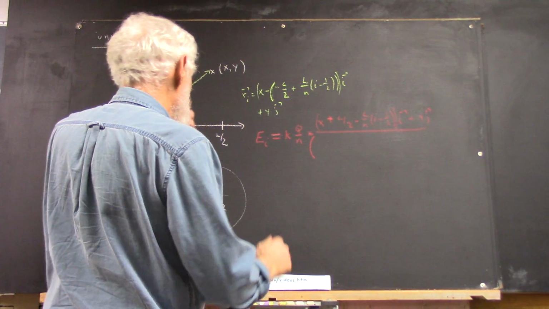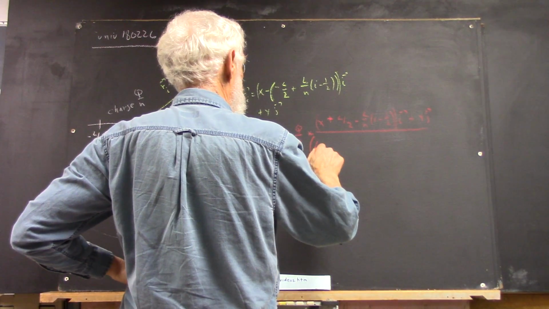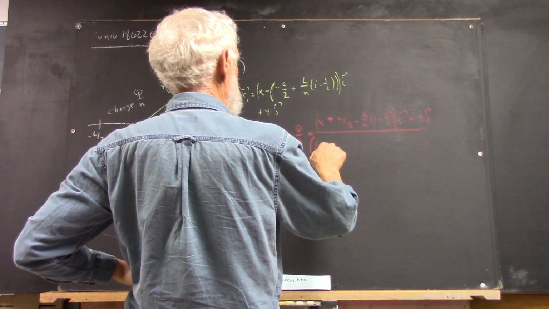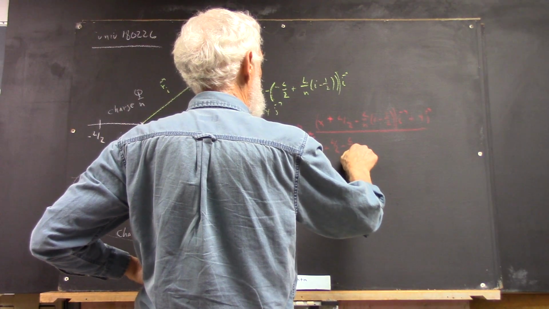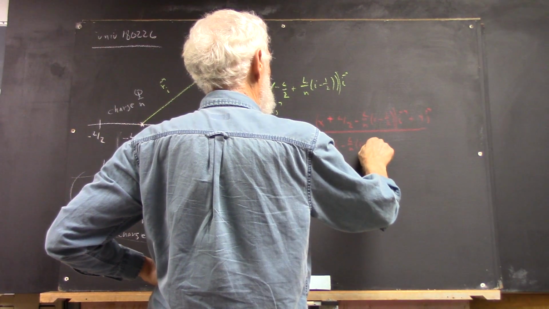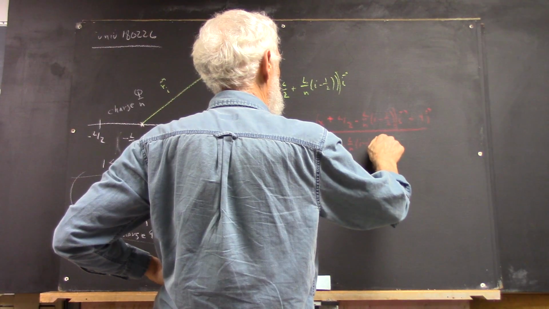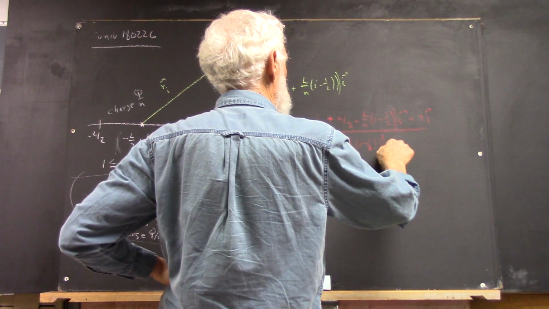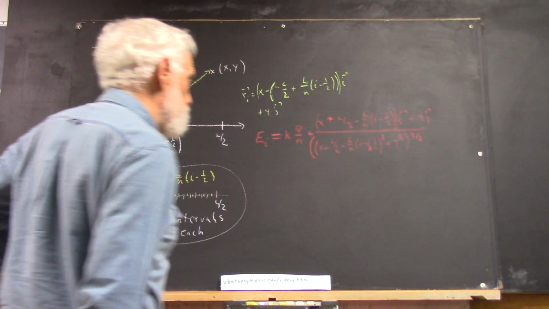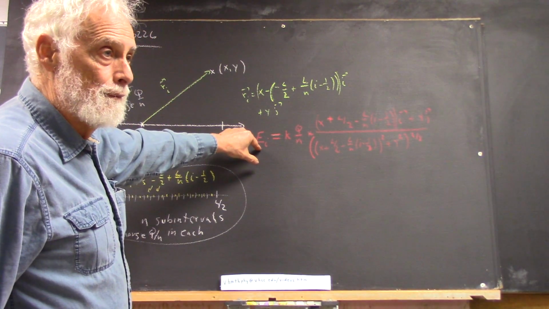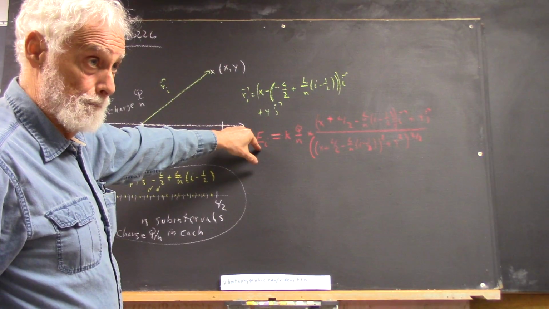Hopefully I did that right. And then we're going to have x plus L over 2 minus L over n times i minus 1/2, squared, plus y squared, to the 3/2. That's going to be the electric field, right?